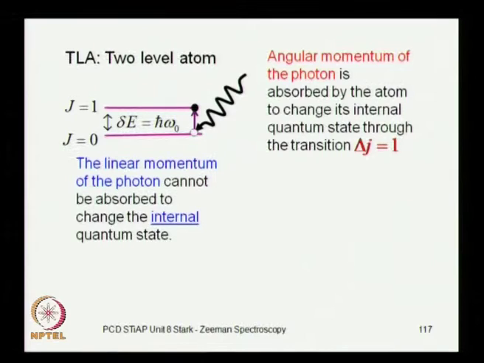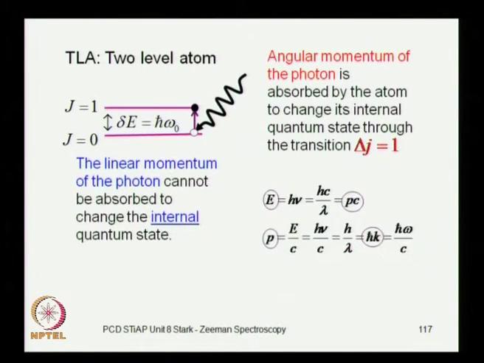But what happens to the linear momentum of the photon? The linear momentum of the photon cannot change the internal structure of the atom. So, the linear momentum of the photon ends up changing the velocity of the atom in the laboratory frame of reference, because it cannot change the internal structure. The angular momentum changes the internal structure, but not the linear momentum.